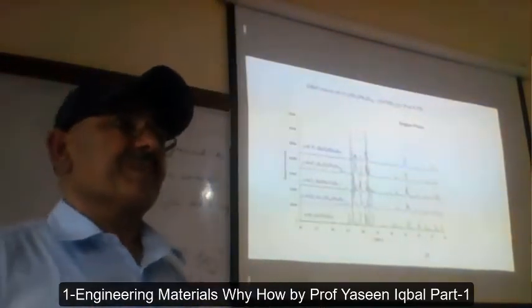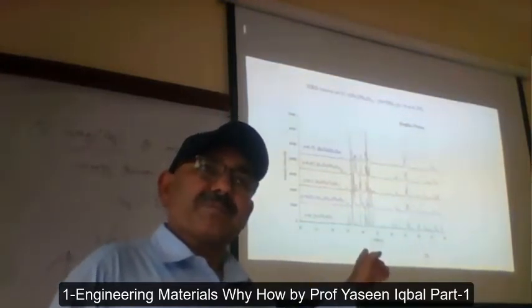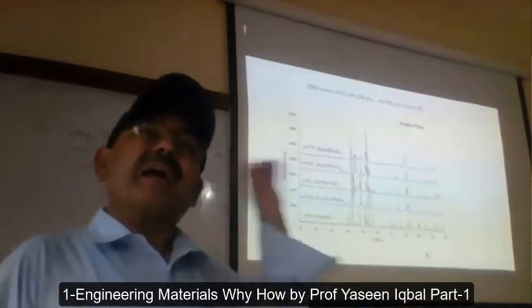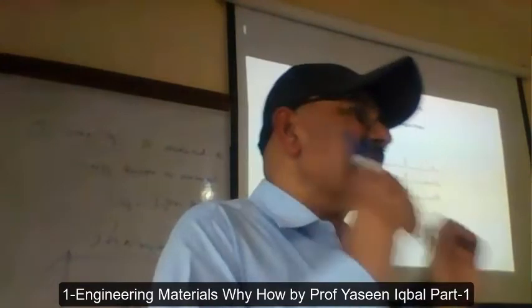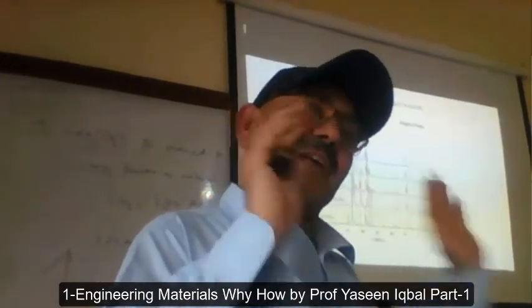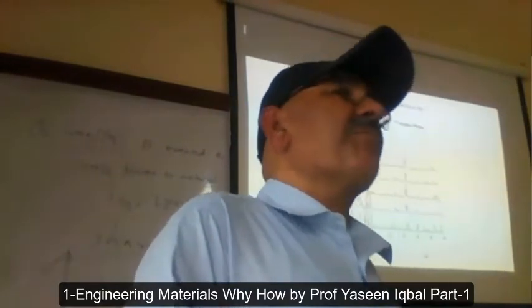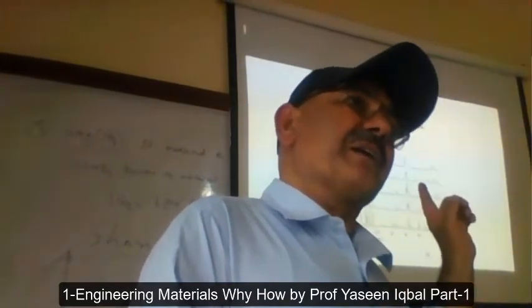If still the theoretical properties are not coming from the material, the phase has been formed, it's exactly what I wanted, it is a single phase, the lattice parameters are consistent, everything is consistent, but my properties are not what I was expecting.